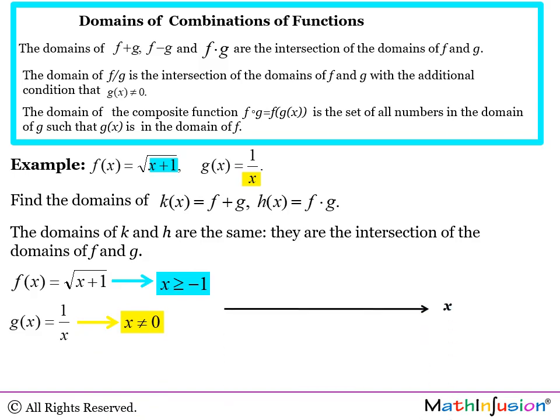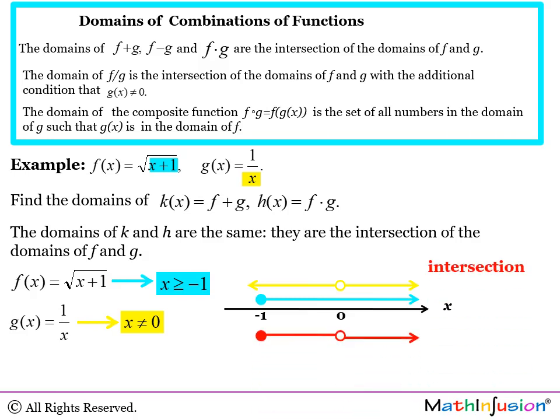Let's combine that. It's easier to combine on the real line. The first domain is including everything that is greater than or equal to -1. The second domain includes everything on the real line except that x cannot be 0.